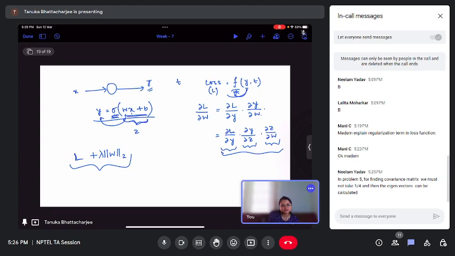But Neelam, that is the formula for the covariance matrix. If we do not take the 1 by 4, that should not be the covariance matrix. I'll just check and get back to you on this problem, because the covariance matrix is supposed to be the average, the expectation, of those things.